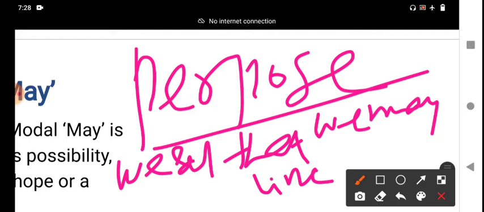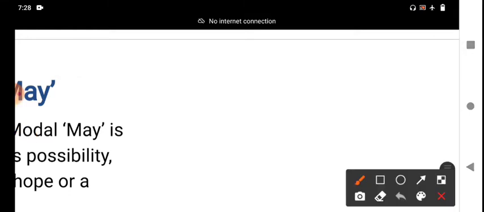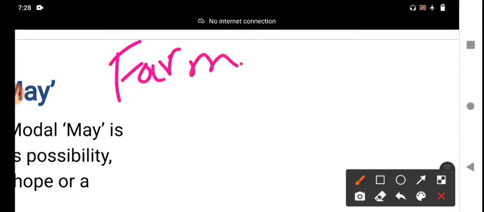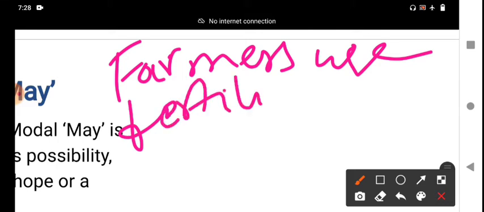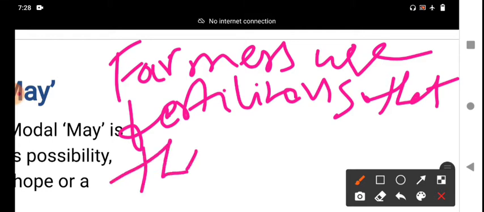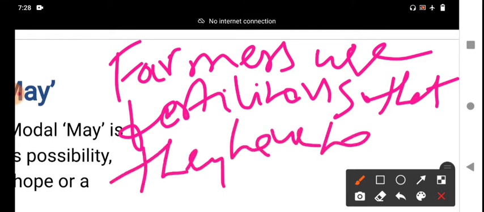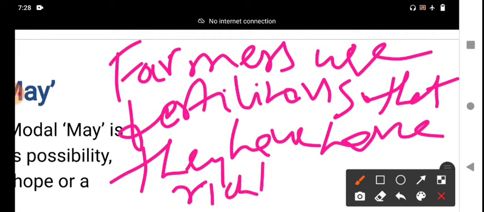And generally, one more example, using the wish purpose: farmers use fertilizers so that they may have a rich harvest.